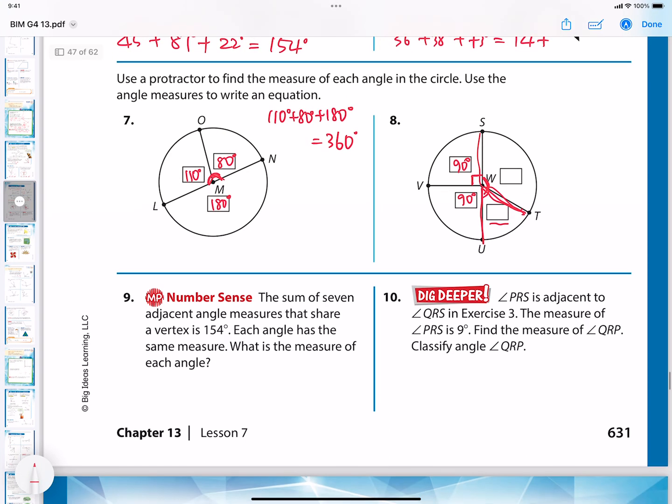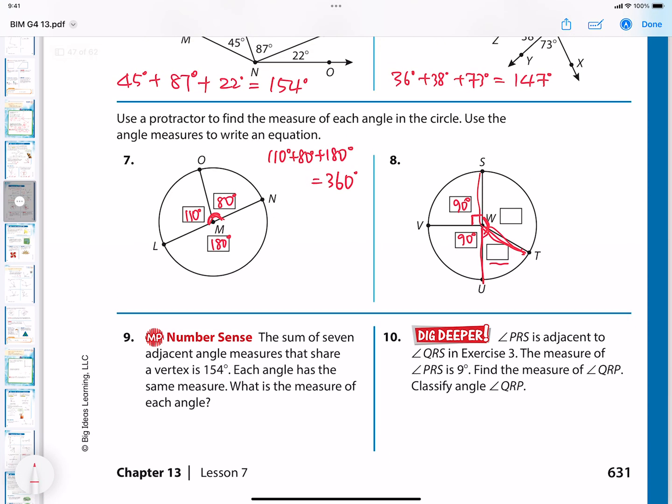So that was 60, and that was 120, since added together it has to be 180. So I'm going to say 90 degrees plus 90 degrees plus 120 degrees plus 60 degrees is equal to 360 degrees.